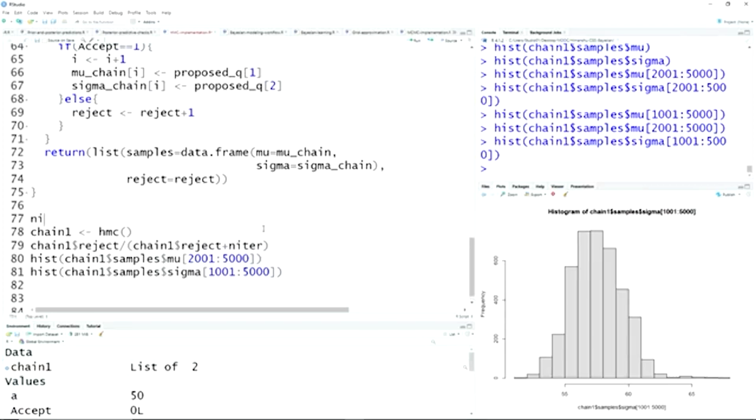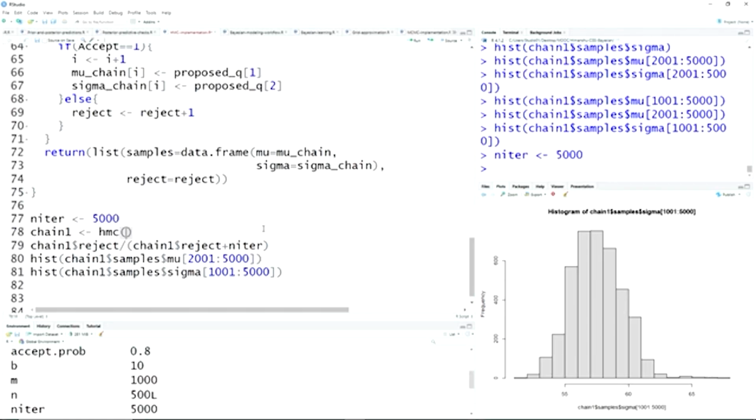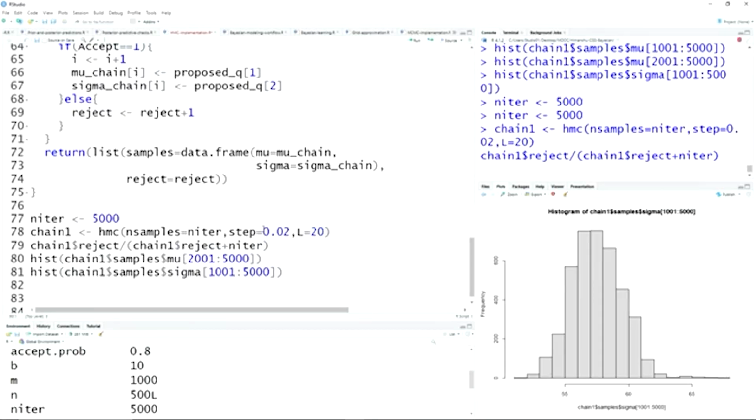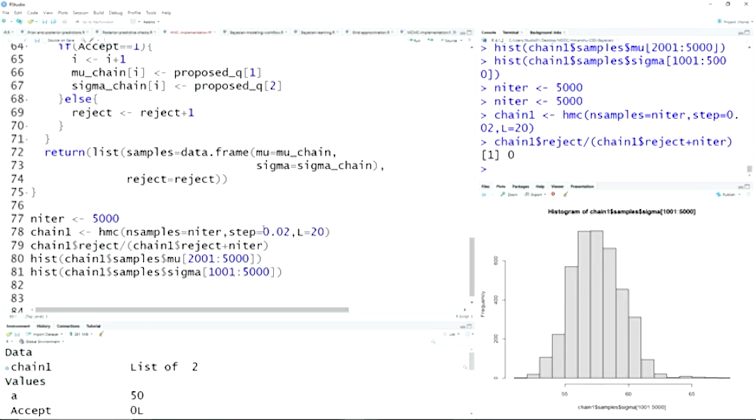So let's say I'm running it for 5000 iterations. Let us see what the rejection rate is.